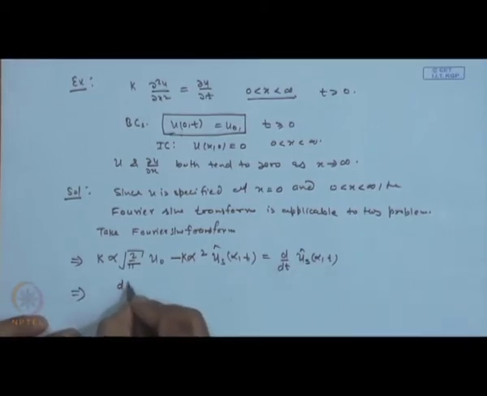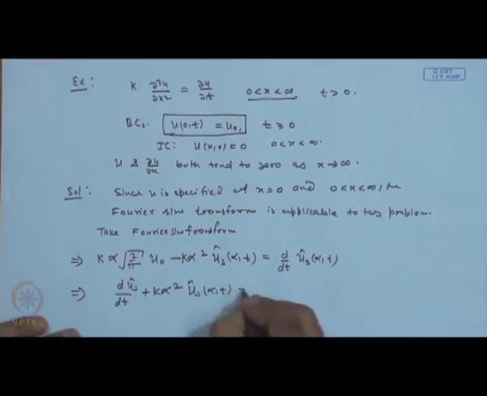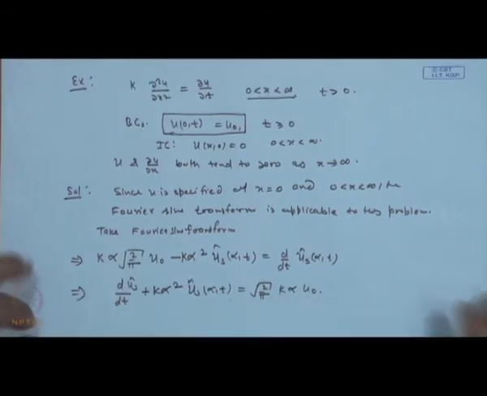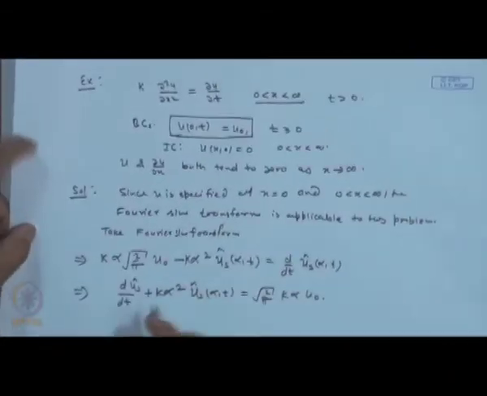So, now what we have is d u_s hat over dt plus k alpha square u_s hat of alpha, t, and this is square root 2 over pi, and we have k alpha and u naught. Now, we need to solve this equation.